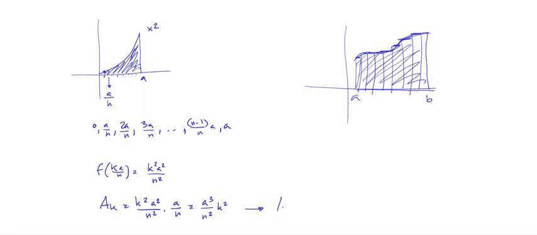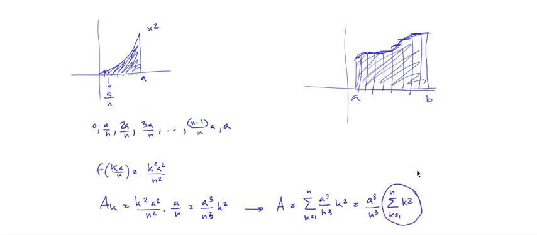And now the total area is the sum from k equals 1 to n of this value, a cubed over n cubed times k squared. So a cubed and n cubed go out of the sum, and you have the sum from k equals 1 to n of k squared.